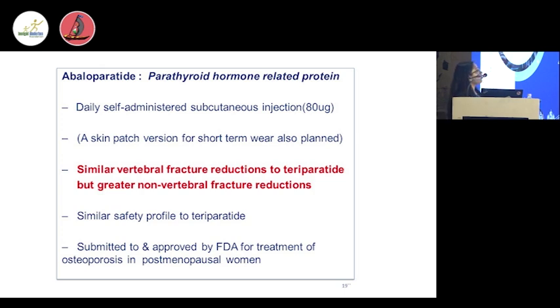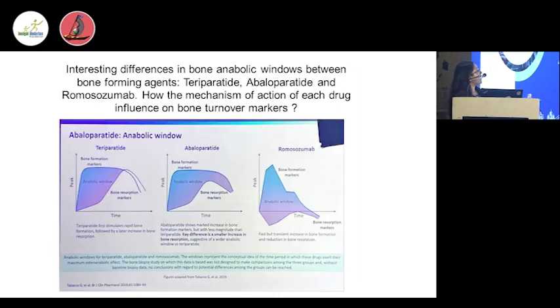If you see clearly over here, with the use of romosozumab, there is a clear increase in P1NP, that is the bone formation marker, as well as a decrease in the bone resorption marker, and that's how romosozumab leads to an increase in the areal as well as the volumetric BMD.